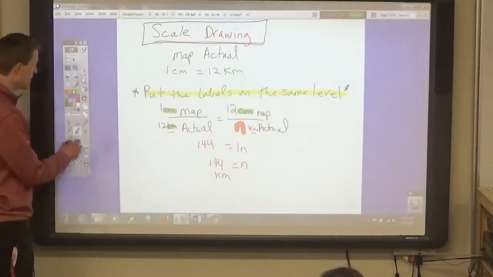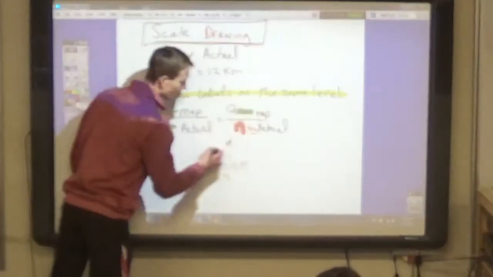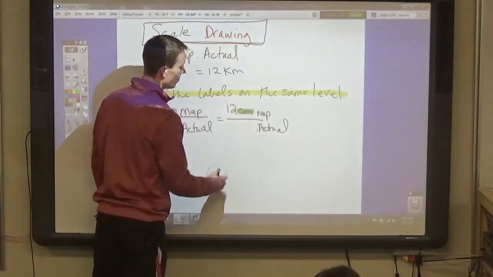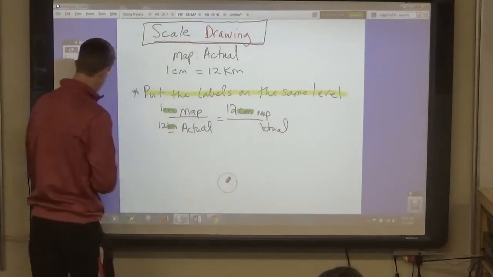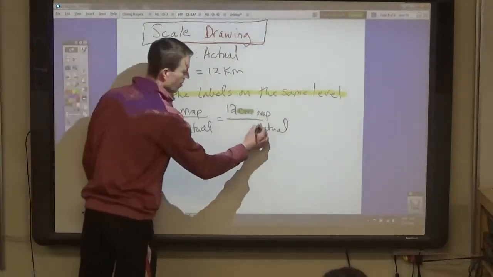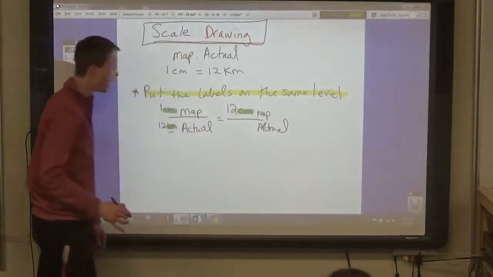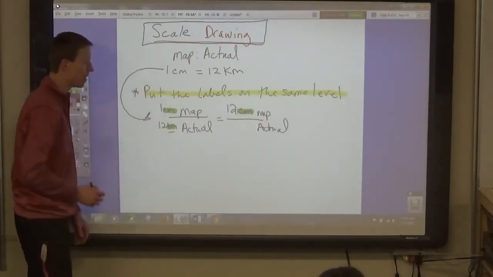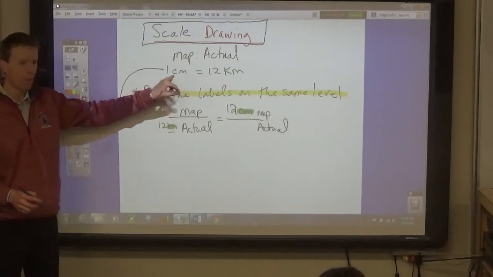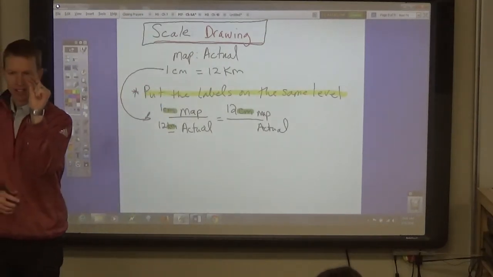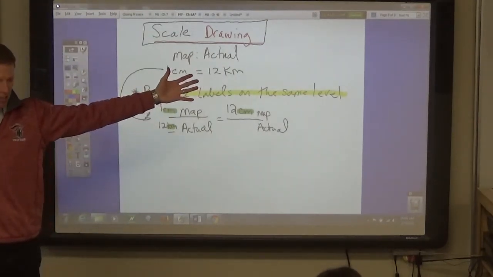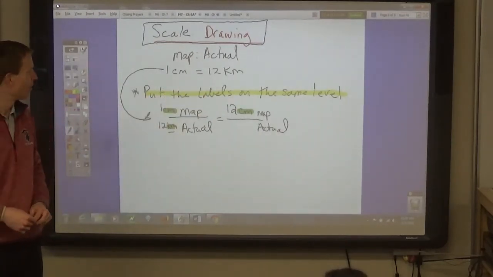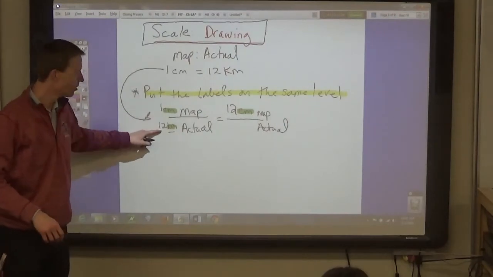You write the same thing on both sides. Since they give you the scale, you put that as one of your ratios. So 1 centimeter on the map is equal to 12 kilometers of actual distance. 1 is to 12.